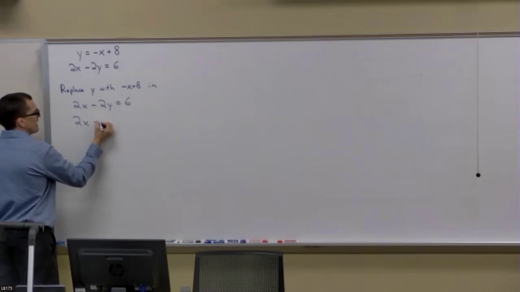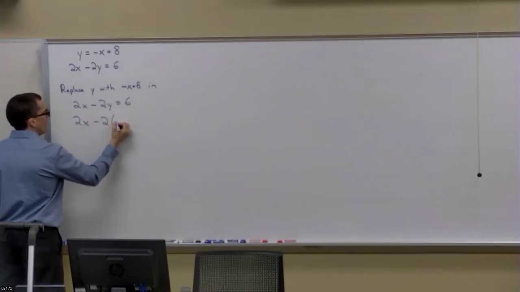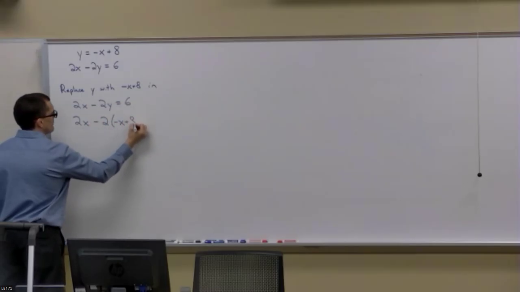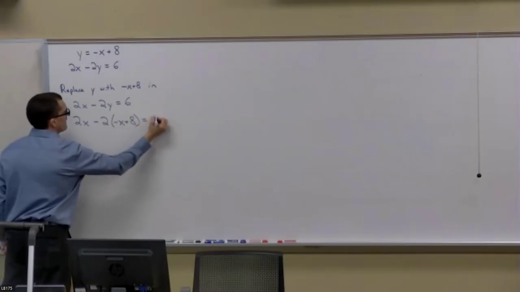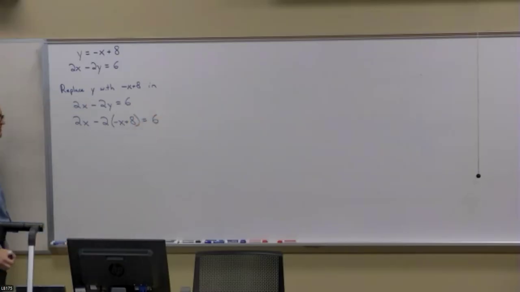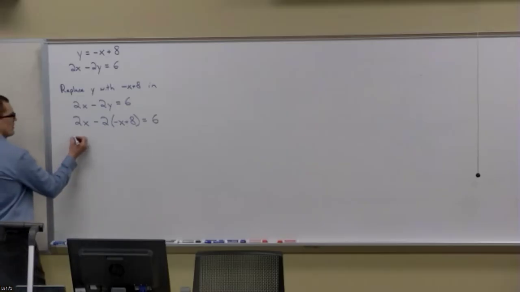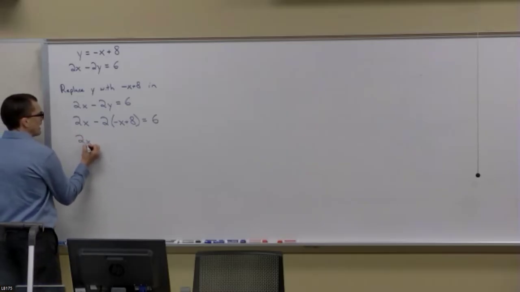That'll give us 2x minus 2 times negative x plus 8 is equal to 6. That's an equation with one variable, so we can solve for that variable. The variable here, once again, is x that is remaining. Everybody see where I got that? Straightforward. Good.